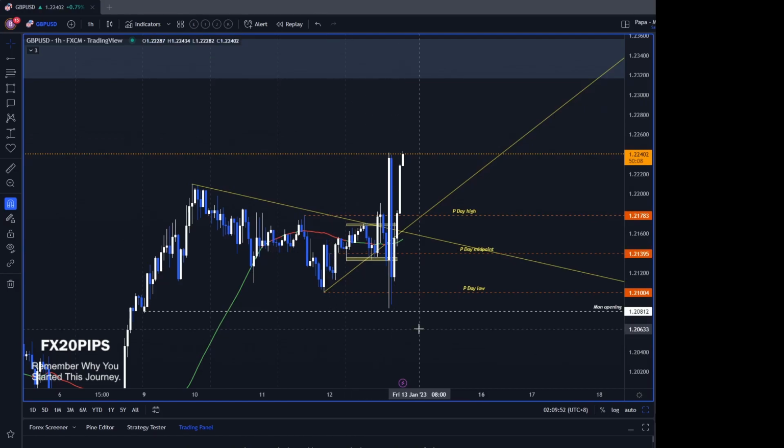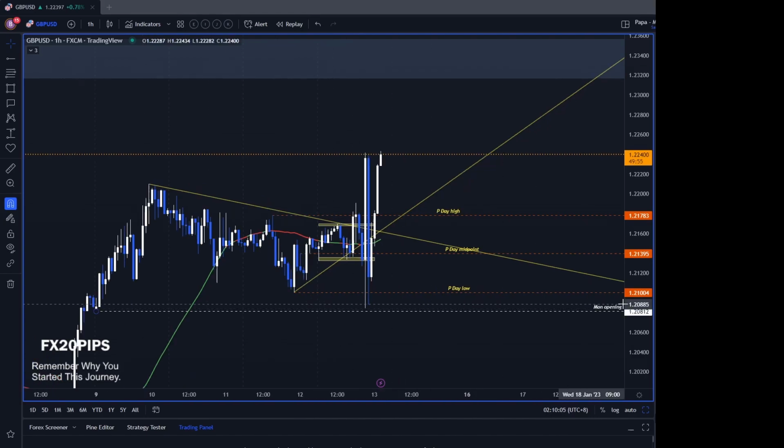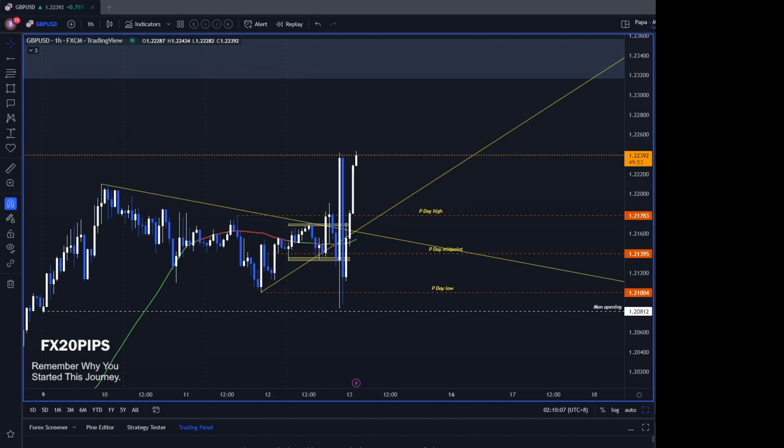So here we are. Currently it's 2 a.m. GMT plus 8. New York is about 1 p.m. now. You look at the chart and you see this long bullish candle, long bearish candle.